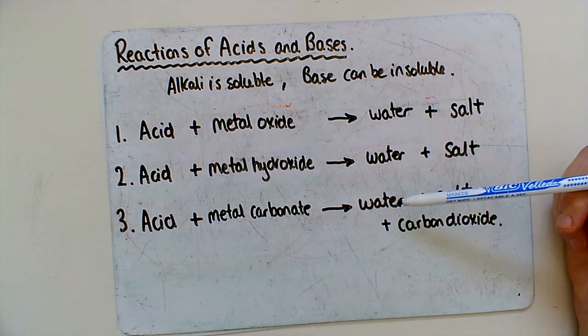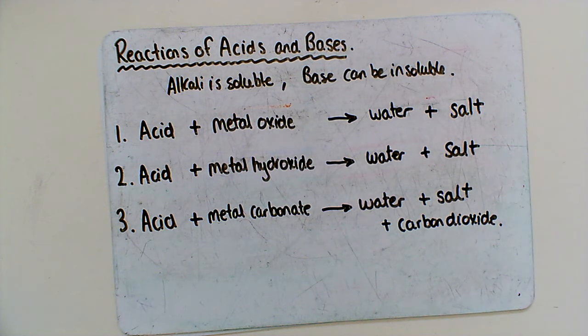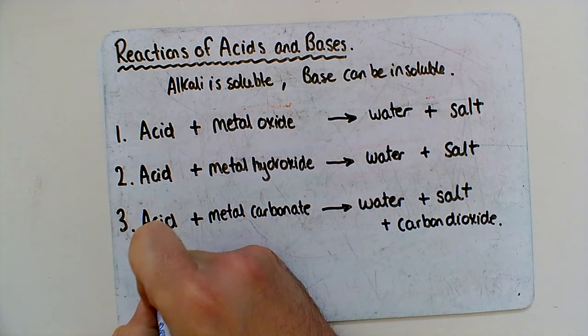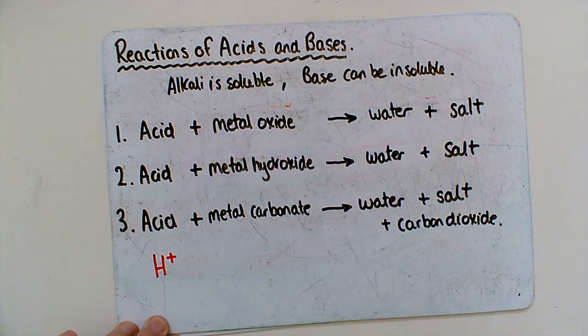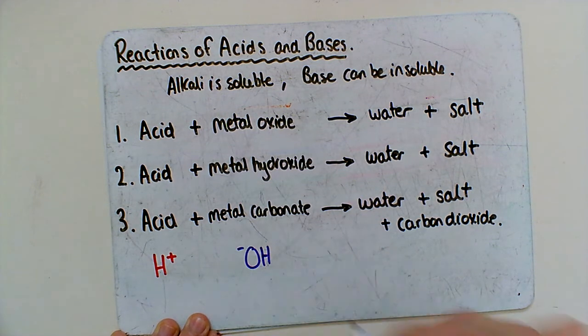Now, why water is produced is something that we can actually easily understand. It's to do with the ions that make something an acid and that make something a base or an alkali. The ion that makes something an acid is the H+ ion. The ion that makes something an alkali is the OH-, or the hydroxide ion.